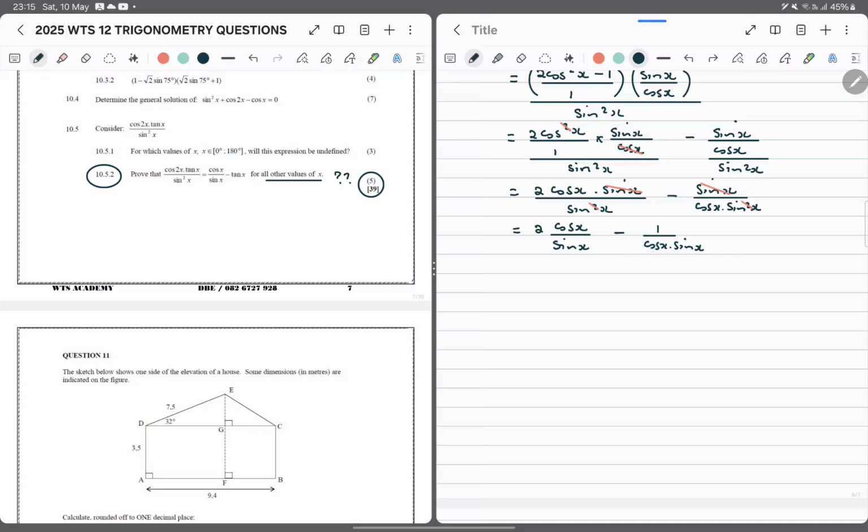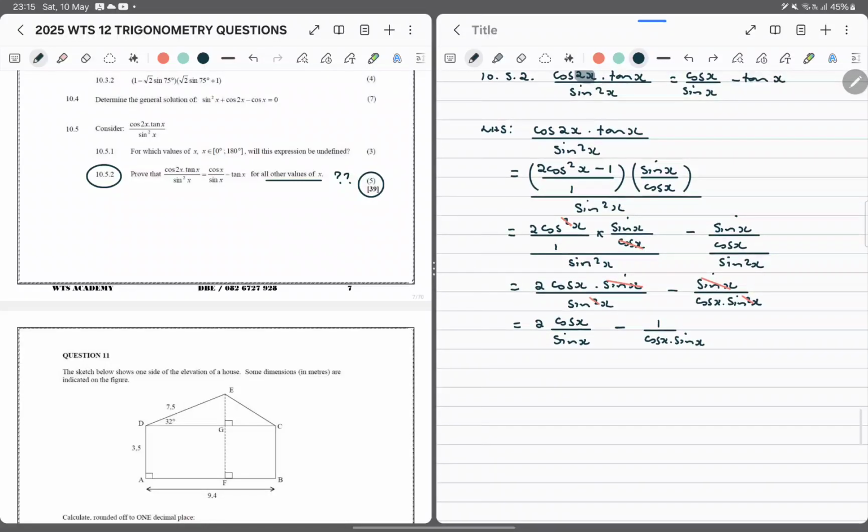I don't know. But I feel I have done some crime. Because there's a 2 I don't know how to get rid of, and there's a 1 here, which I also don't know how to get rid of.